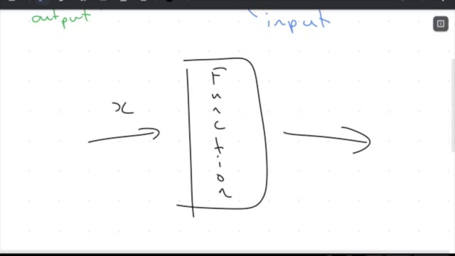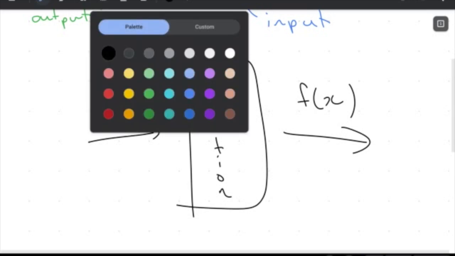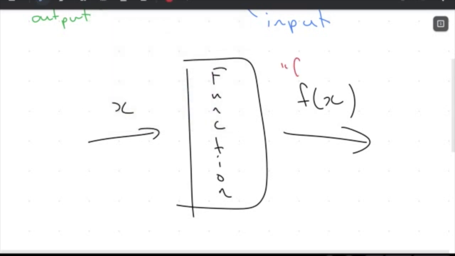And this is the idea of f of x. We write this as f of x. That's what this means. So this thing is still our output, and my x here is still my input.